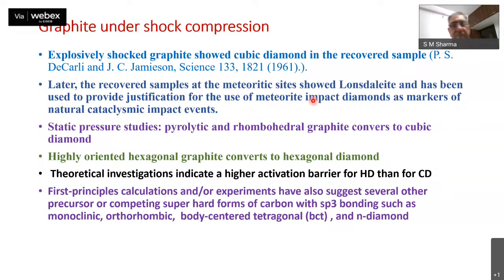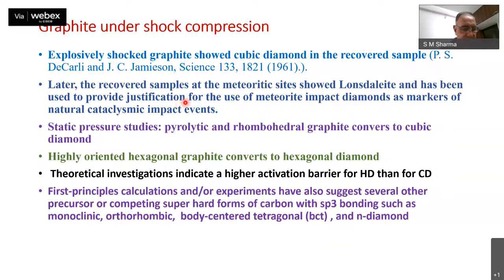What is found is that when they analyzed the meteoritic sites, they found a variant of diamond, which was named lonsdaleite. So lots of observations of lonsdaleite at various meteoritic sites were interpreted in terms of serious meteor impacts on the Earth.